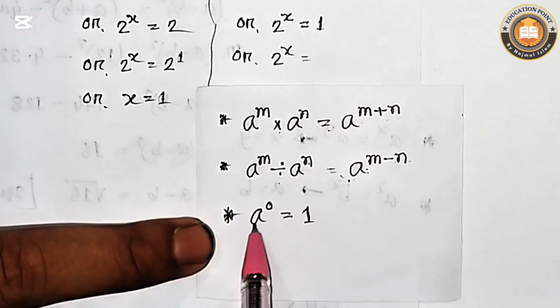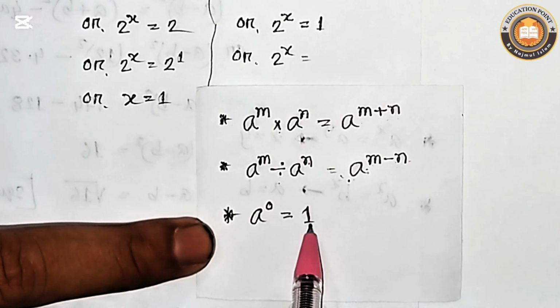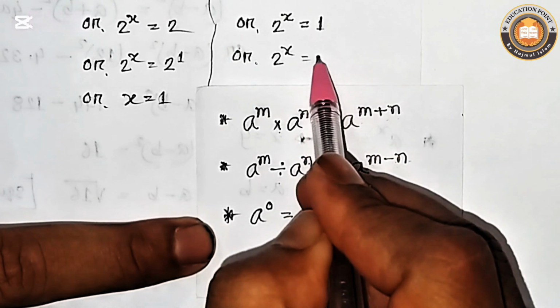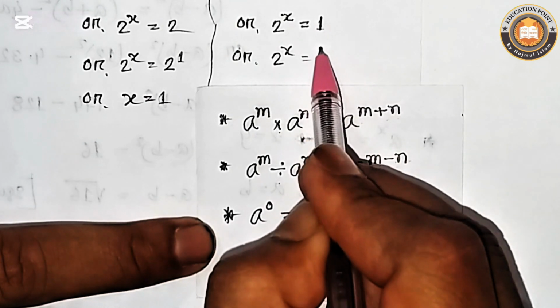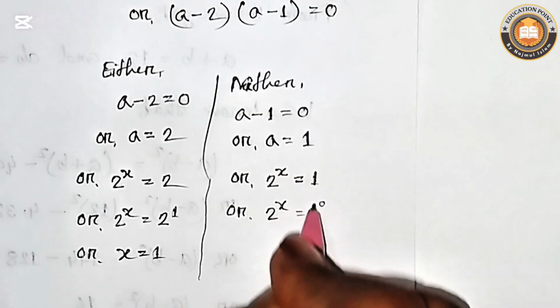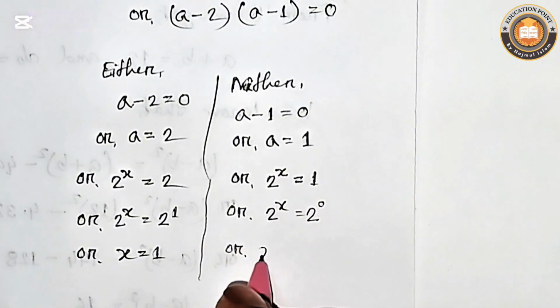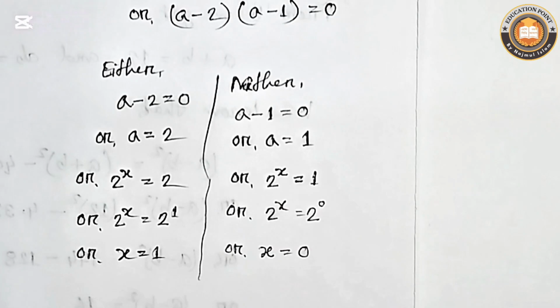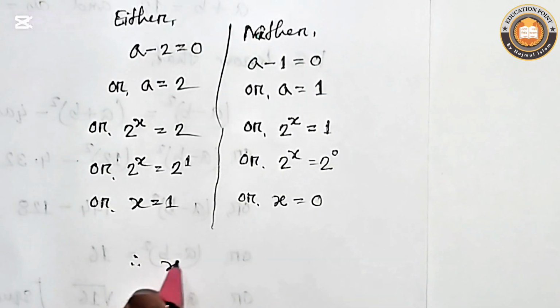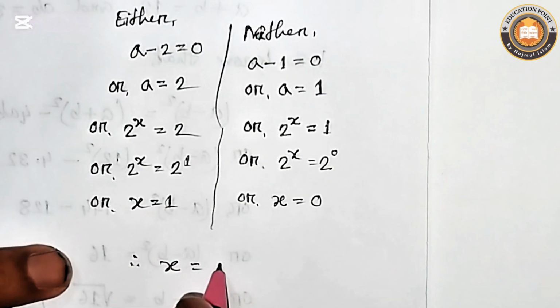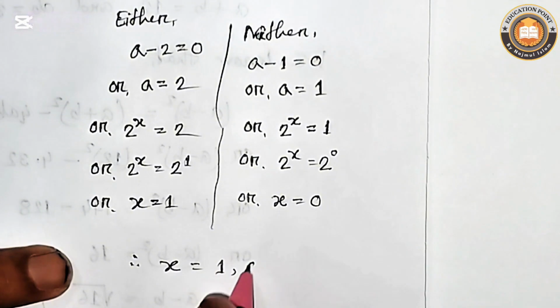Here we will apply the formula of a power 0 equal 1. Now we can write 1 equal 2 power 0. Here similar base reduce, so we can write x equal 0. So x equal 1 and 0.